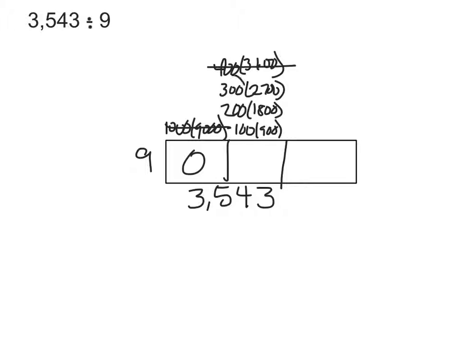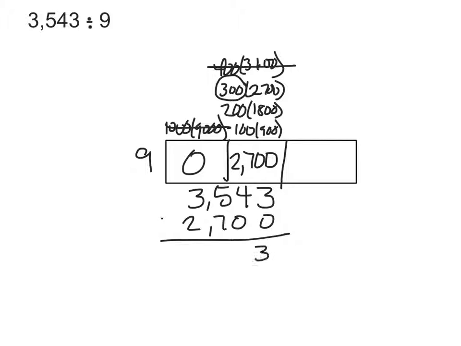So I'm going to cross that off, go back. My partial quotient is 300. My partial product is 2,700. Then I'm going to subtract that, which gives me, oops, that should have been 2, sorry, 843.